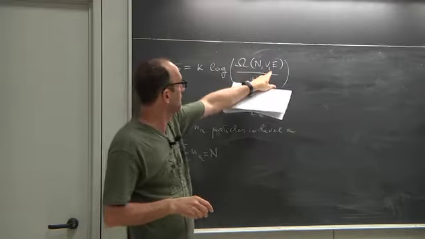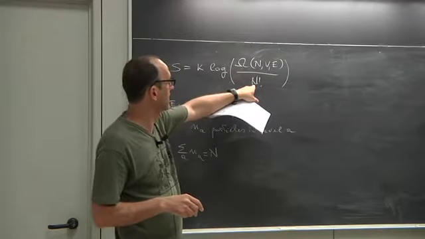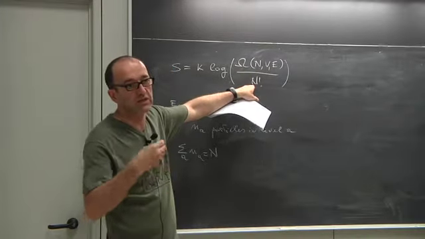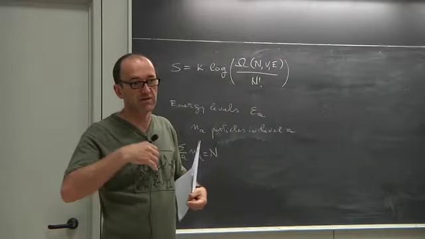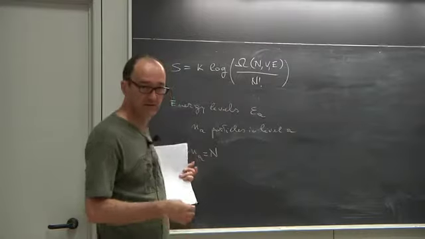In the correct way of counting the states, I should divide by the number of ways in which I can distribute the particles in the states.